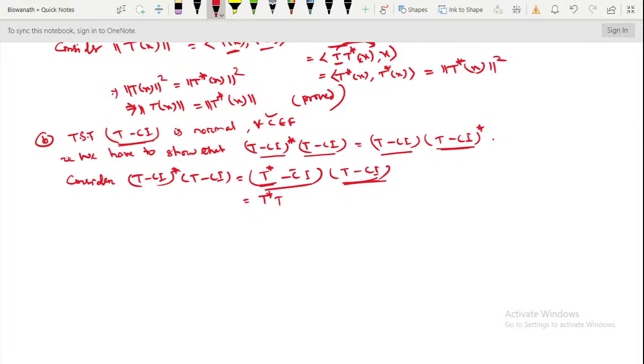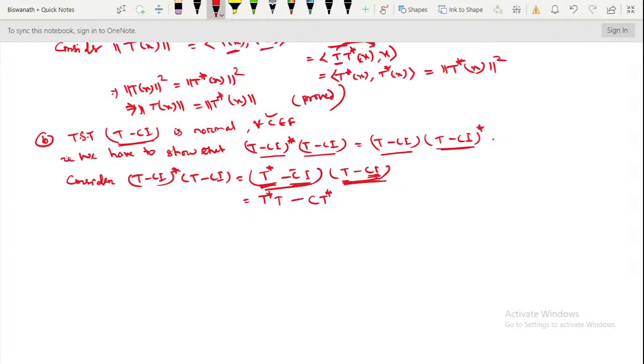So this will be T*T minus T*cI, then on the right-hand side I will multiply. T*cI means this is cT*.